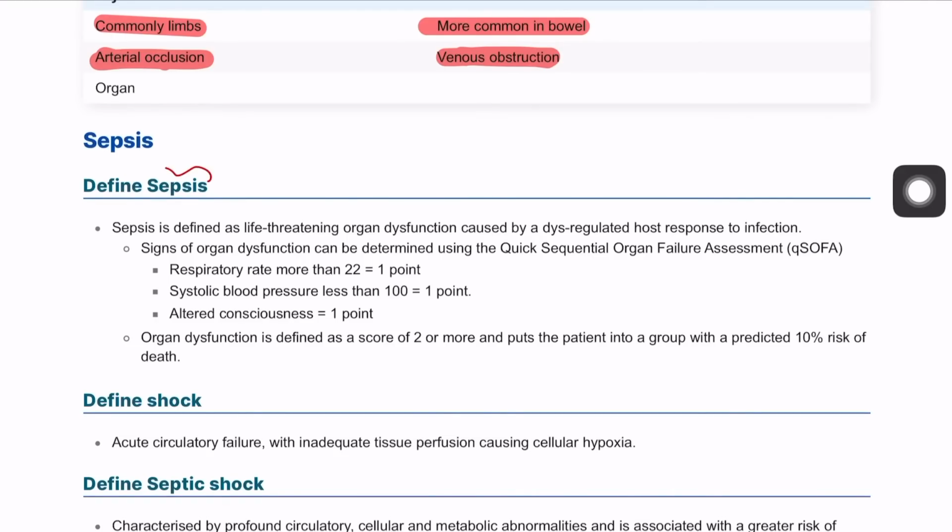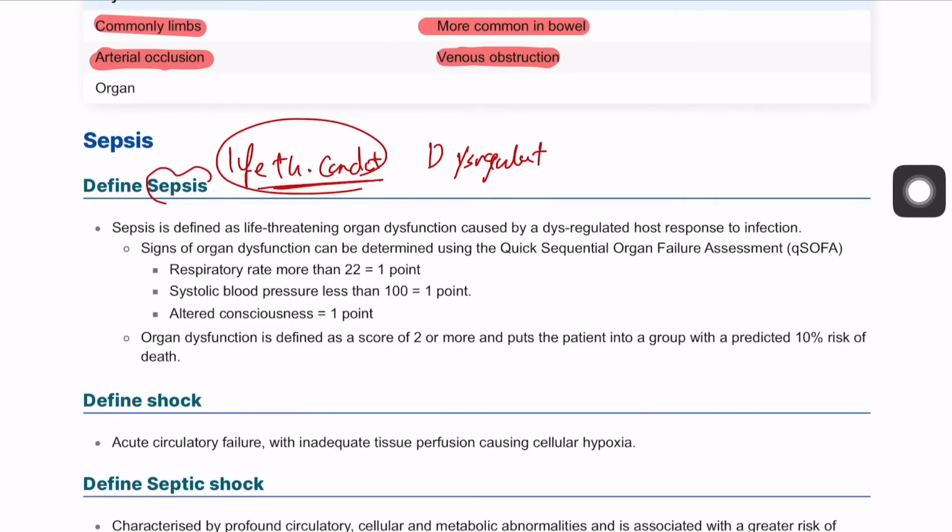So sepsis is a life-threatening condition, which happens due to dysregulated host response to infection. So basically, you have a patient who has been infected with certain bacteria, and their body's response to this bacteria is dysregulated, and it's very life-threatening with high mortality, right? So it's a dysregulated host response to infection that leads to life-threatening organ dysfunction.